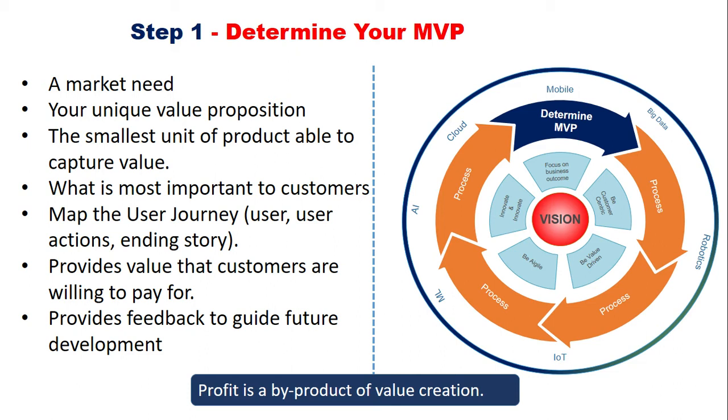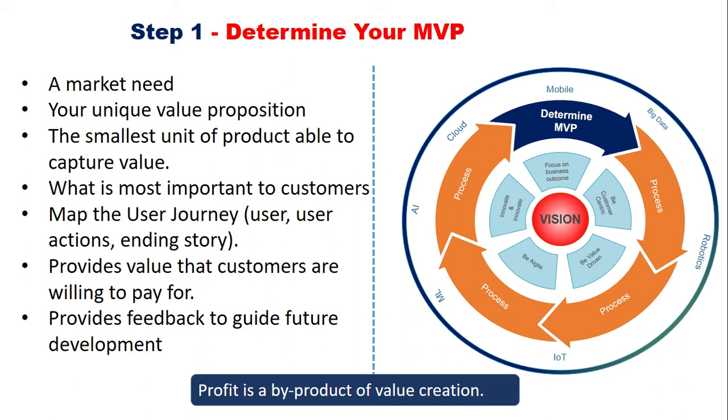Now, when he got back, he came up with a unique value proposition to that. He thought about it, what if there was a mobile app that can connect taxis to riders, or connect passengers to drivers?